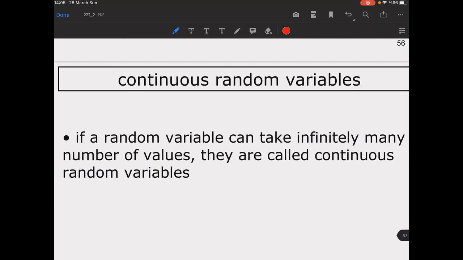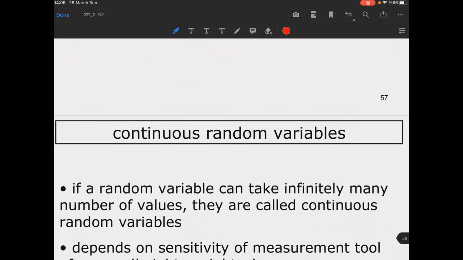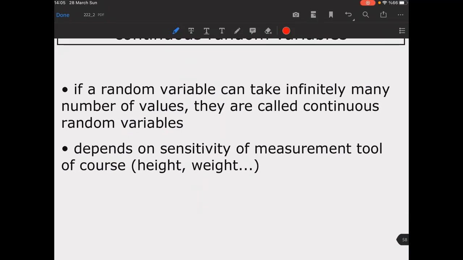Now, let's talk about the continuous random variables. If a random variable can take infinitely many values, it means that there will be infinitely many elements between elements, then they are called continuous random variables. Those types of variables strictly depend on the sensitivity of the measurement tools you are using, of course.